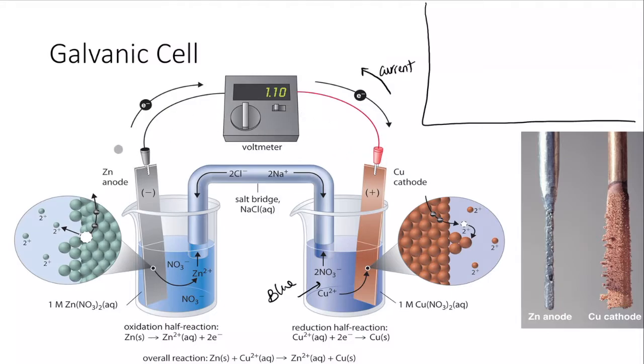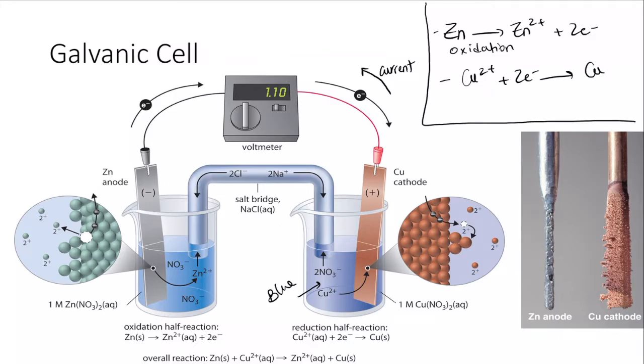So Zn undergoes oxidation to become Zn2+ plus 2 electrons. And here the Cu is receiving the electrons from the Zn, where Cu2+ undergoes reduction, so it becomes Cu.